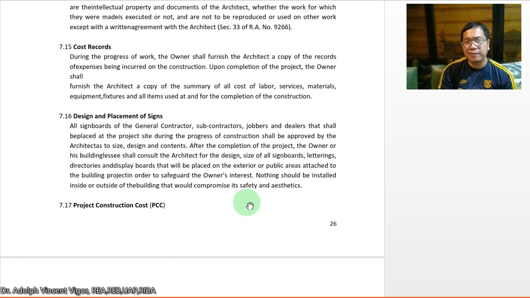So I think the cost records are important if we're going to determine the final project cost, because if the final project cost is higher, then there's going to be adjustments for your fee also, because your fee as an architect is on a percentage basis, as we have discussed in the previous weeks.